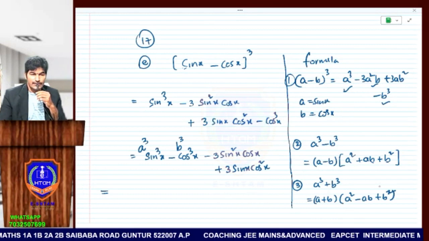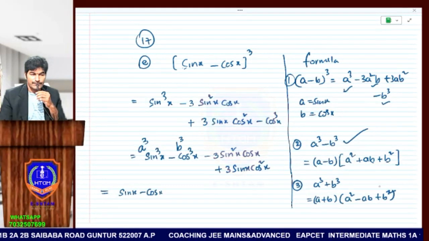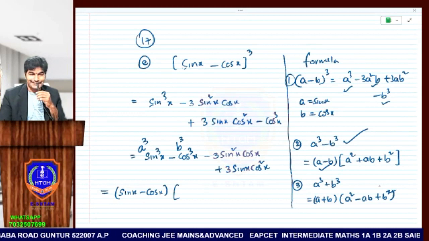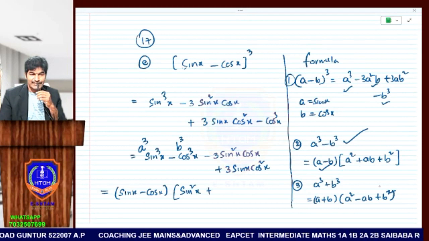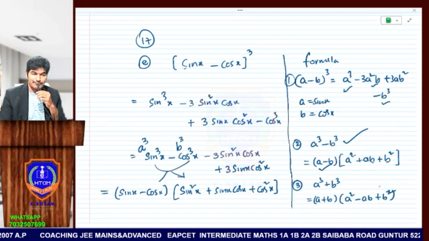So this formula I am using. a minus b means sin x minus cos x, according to a minus b. And after that, into, don't get scared, okay? Into a square means sin square x, plus ab means sin x into cos x, plus b square means cos square x. Understood? This is only for a cube minus b cube.